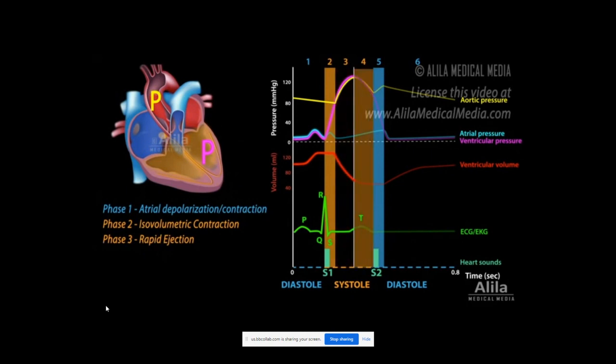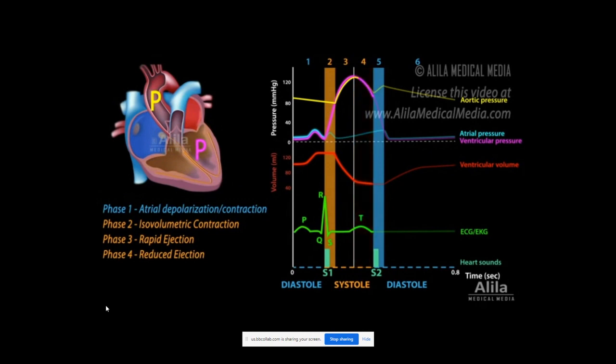As ventricular repolarization, reflected by the T wave, begins, ventricular pressure starts to fall, and the force of ejection is reduced. When ventricular pressures drop below aortic and pulmonary pressures, the semilunar valves close, marking the end of systole and beginning of diastole. Closure of the semilunar valves produces the second heart sound, S2. The first part of diastole is, again, isovolumetric, as the ventricles relax with all valves closed.